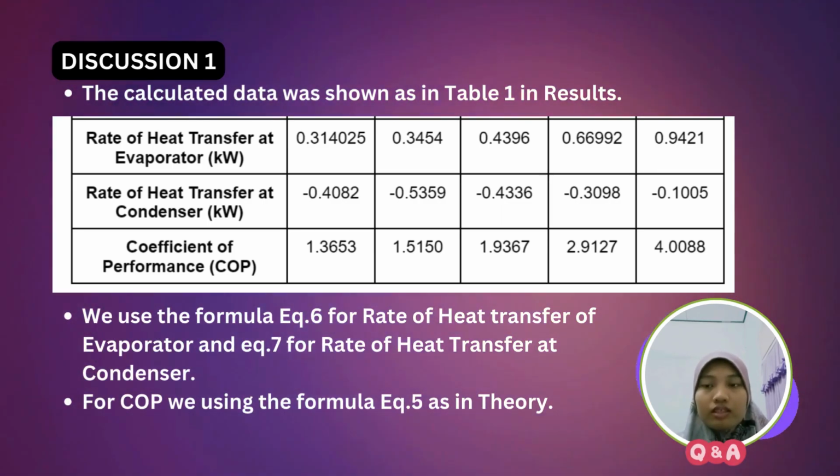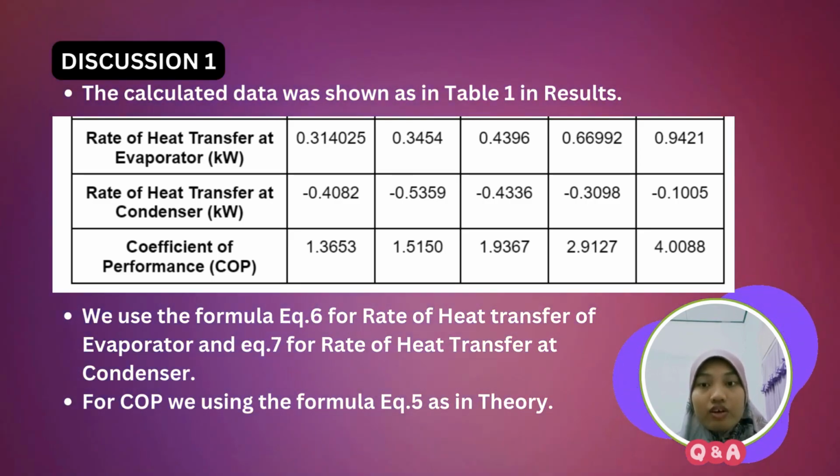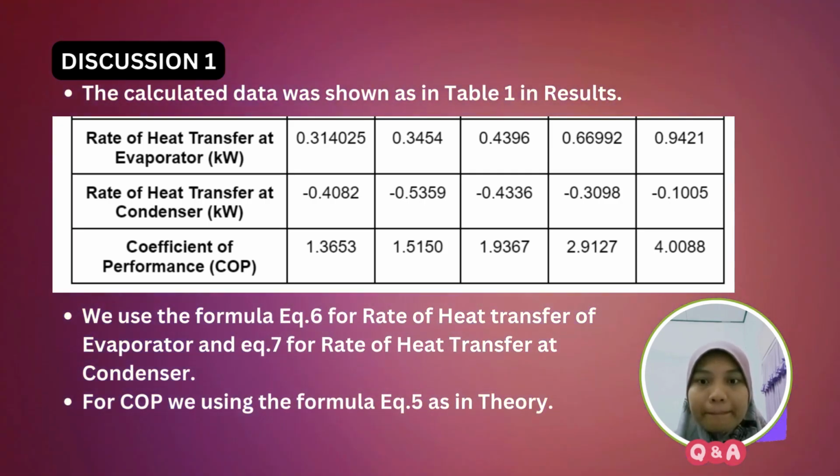So we use equation 6 for the rate of heat transfer at the evaporator and equation 7 for the rate of heat transfer at the condenser. For the COP, we use equation 5 as shown in theory.